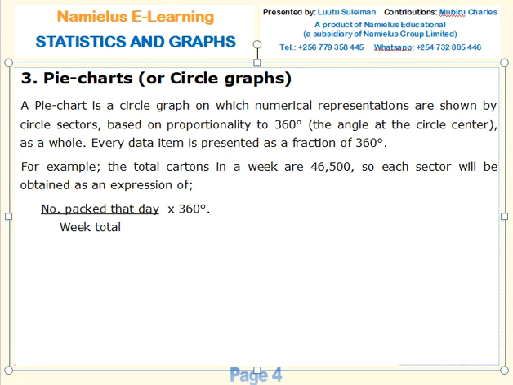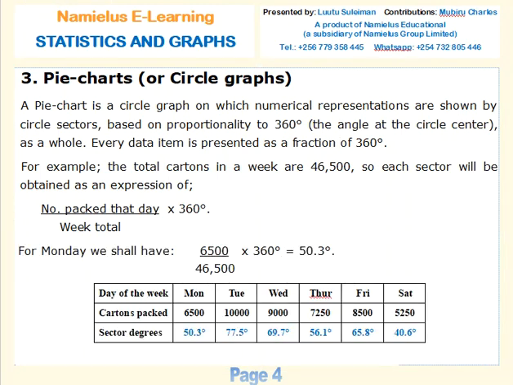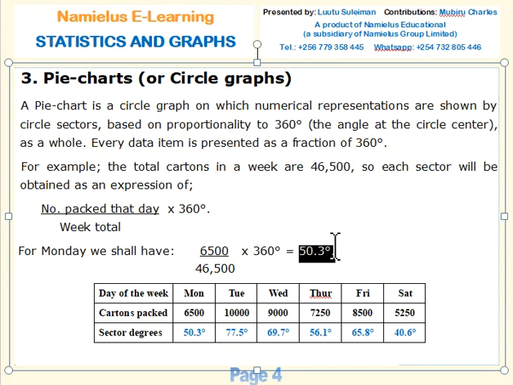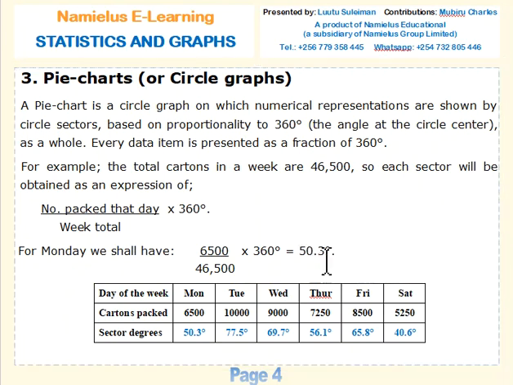That gives us the angle for that particular day's sector. For example, on Monday, we shall have 6,500 over the total for the week, multiplied by 360 degrees. And it is going to give us an answer which is 50.3 degrees. That is the sector.